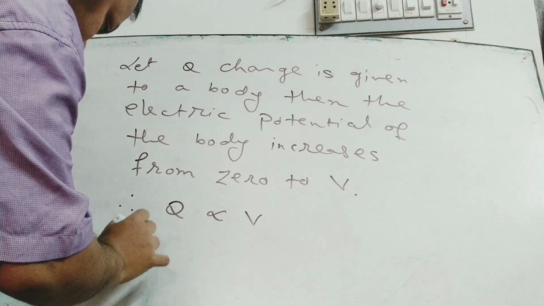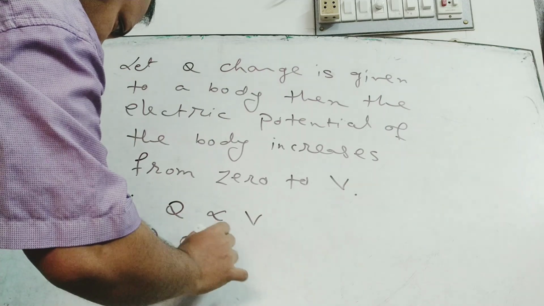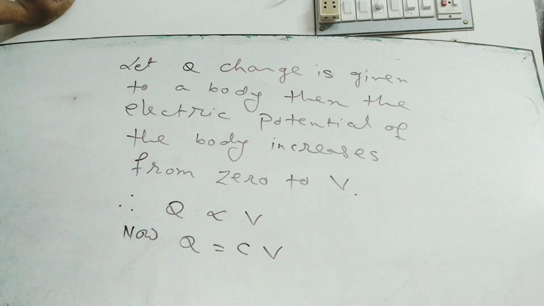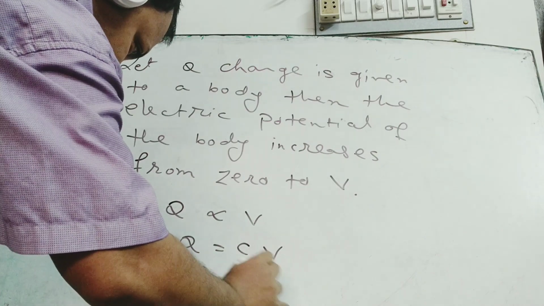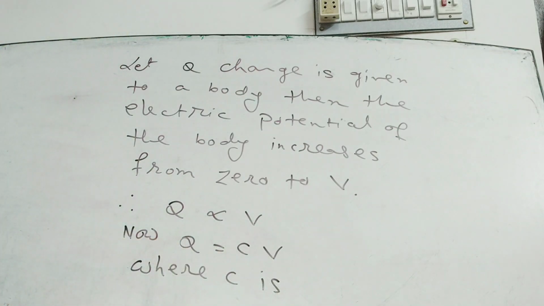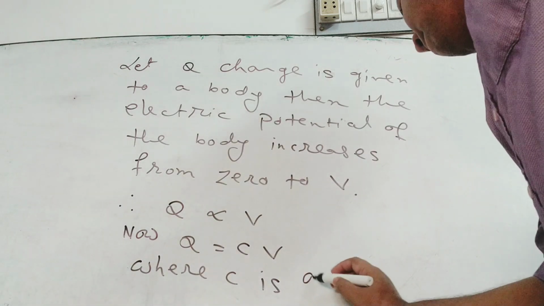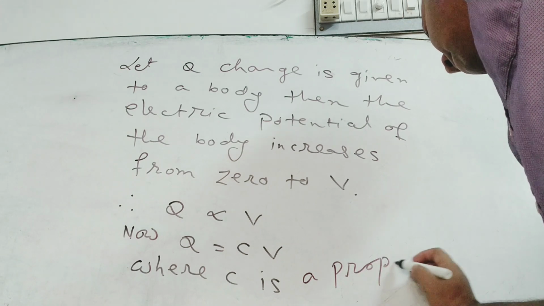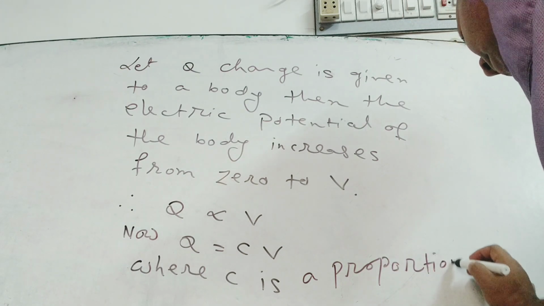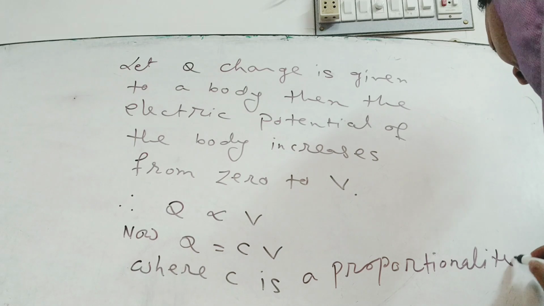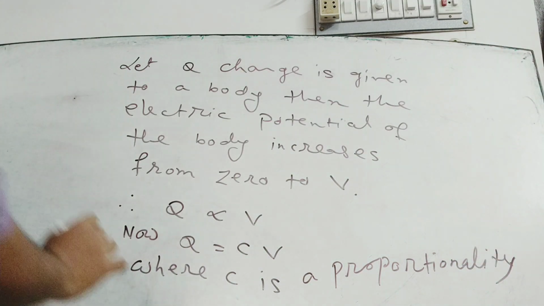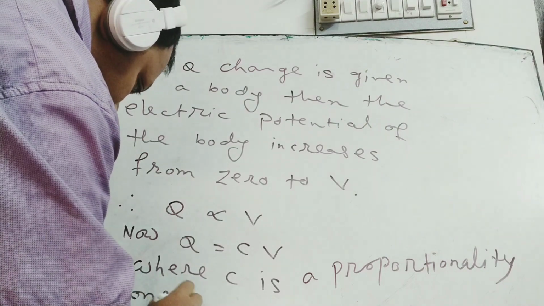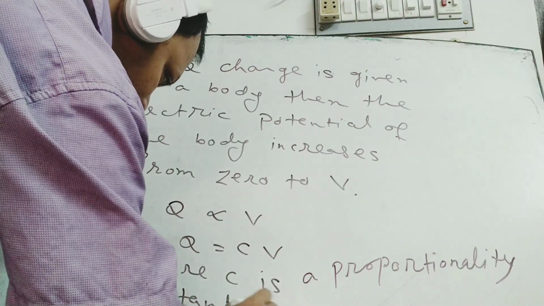Now we can write Q is equal to C into V, where C is a proportionality constant.